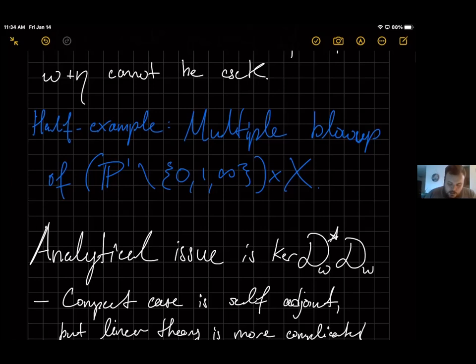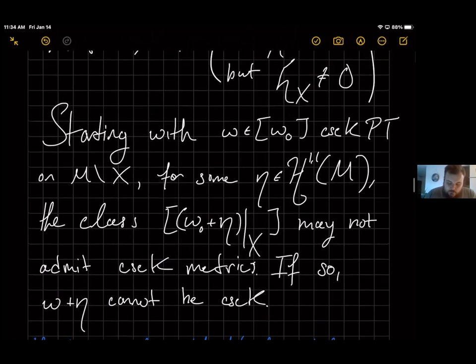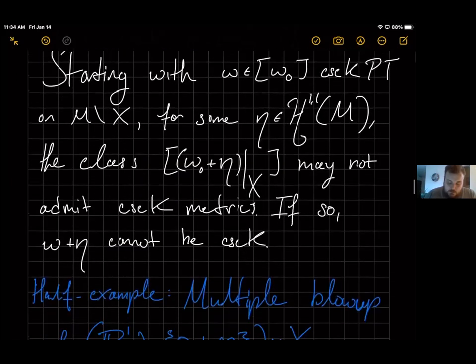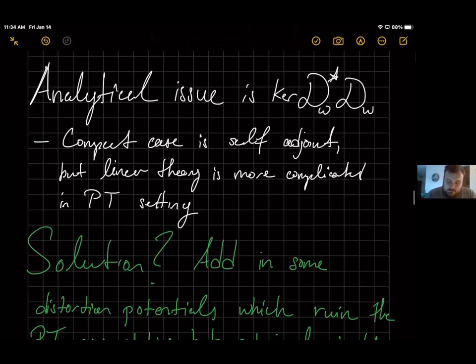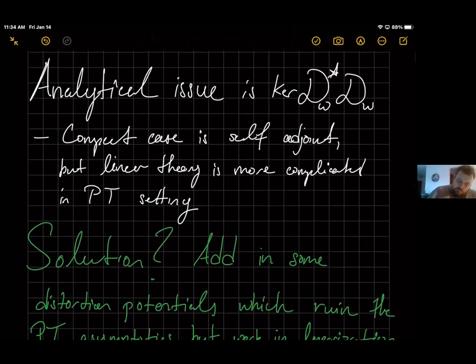And sort of the analytical issue of why this openness fails, and it doesn't fail in the compact case, is that this operator script D, when you include its adjoint, you get this fourth order differential operator called the Lichnerowicz operator. It behaves quite well and is self-adjoint in the compact case, but the linear theory is a bit more complicated in the Poincaré-Type setting, because you're dealing with weighted L2 spaces.